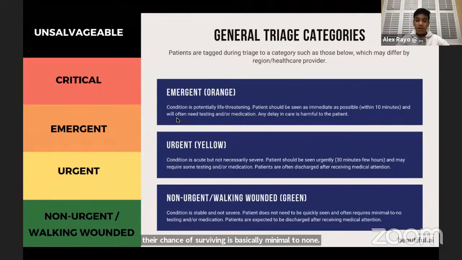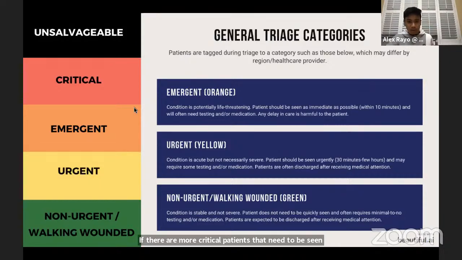Emergent patients have a very severe condition, but the medical staff sees that they don't need to be seen right away as a critical patient does. Their condition is really severe, but they can hold off for a couple of minutes before being treated if there are more critical patients that need to be seen first.